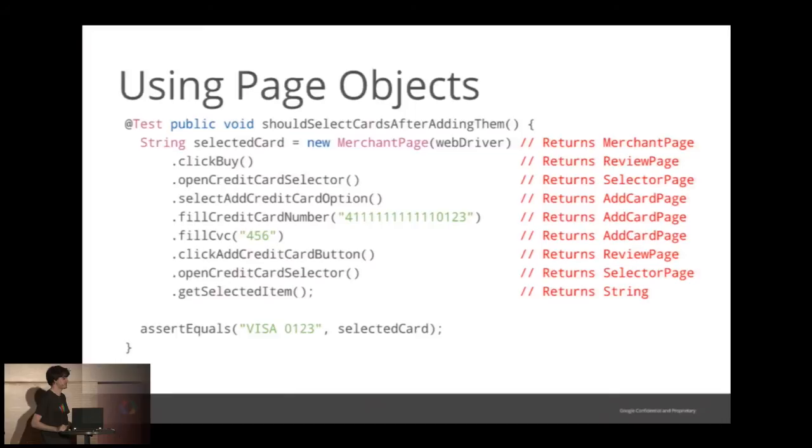The final benefit to this type safety is that it gives me a very early warning if I've changed something in a way that isn't legal. So if I refactor my application such that clicking the add credit card button here doesn't take me back to the original review purchase page, and then update my page object to reflect that, the fact that I've changed the type that it's returning means that all my tests will be broken immediately, just because the types here will no longer be valid.